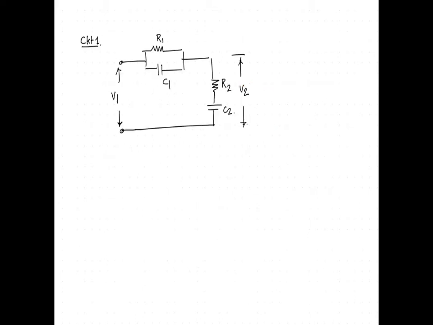Let us find the transfer function of this given circuit. Here, it is easy to replace the parallel combination of R1 and C1 by Z1 and the series combination of R2 and C2 by Z2. Let us assume that a current I(s) is flowing.